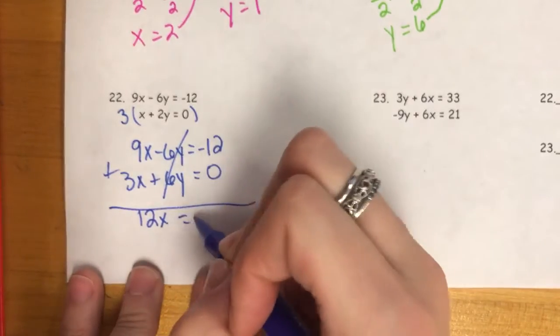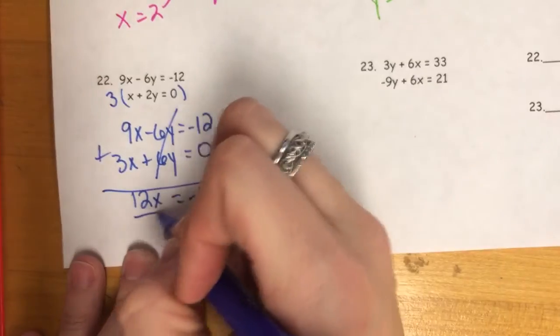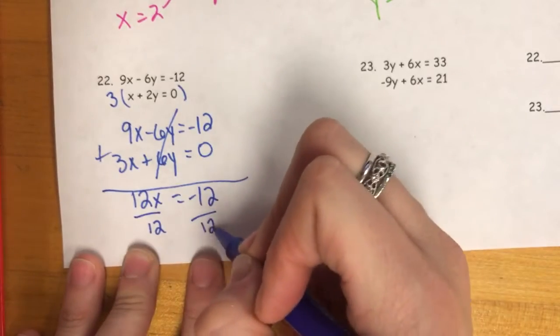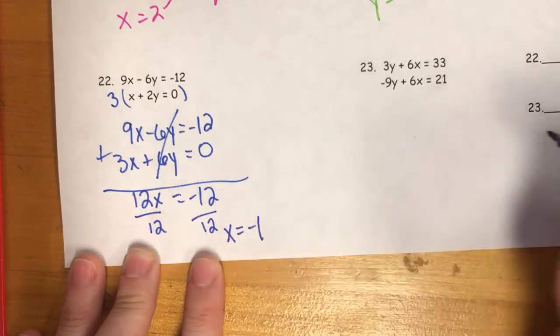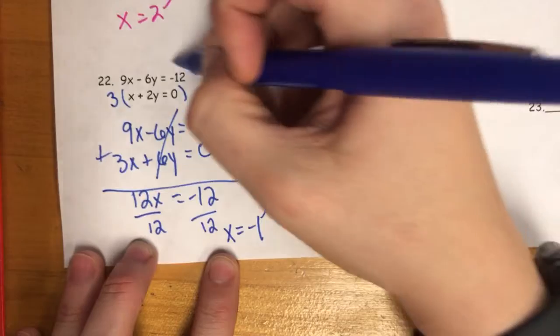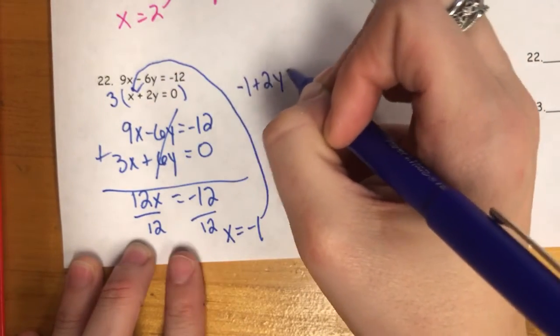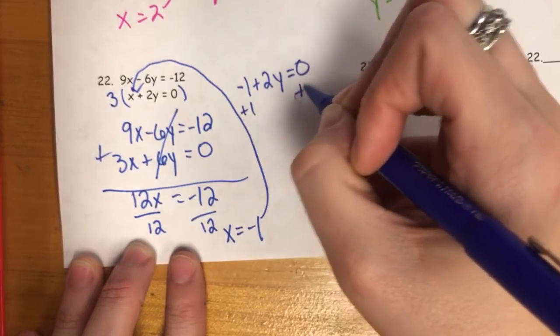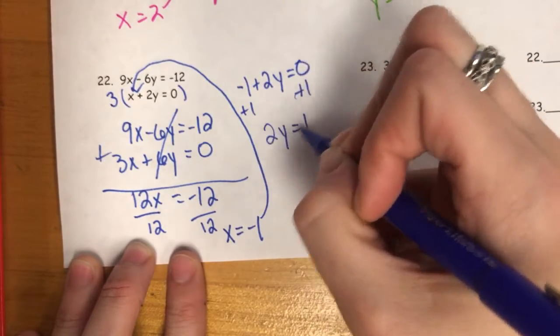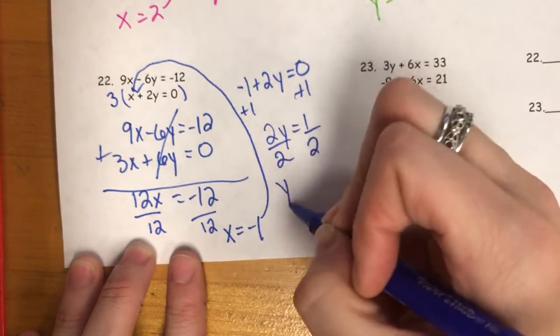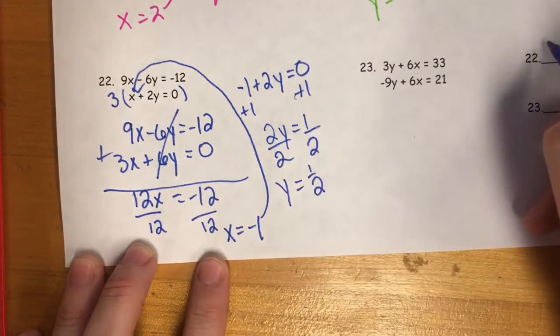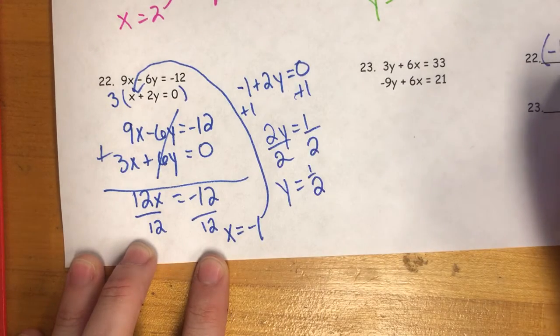The y's cancel. I'll get x equals -1. And I'm going to plug this back up in the original bottom one. So -1 plus 2y equals 0. 2y equals 1. y equals 1/2. So -1 comma 1/2.